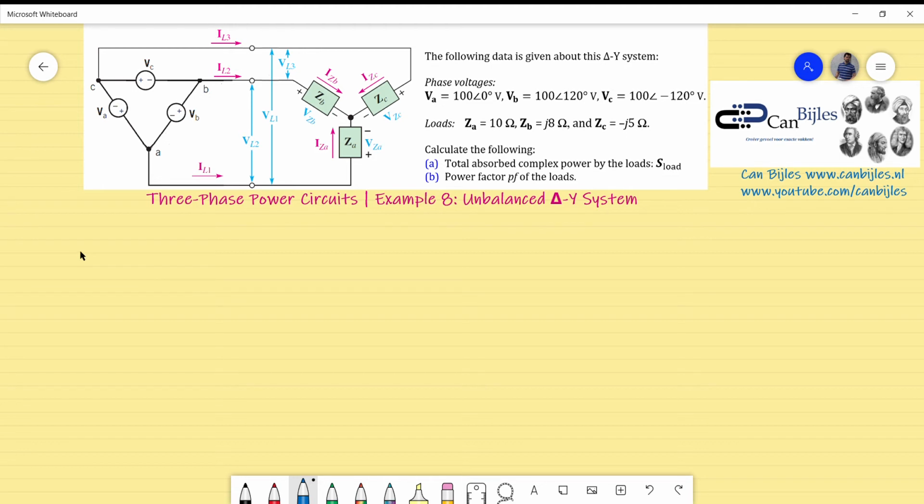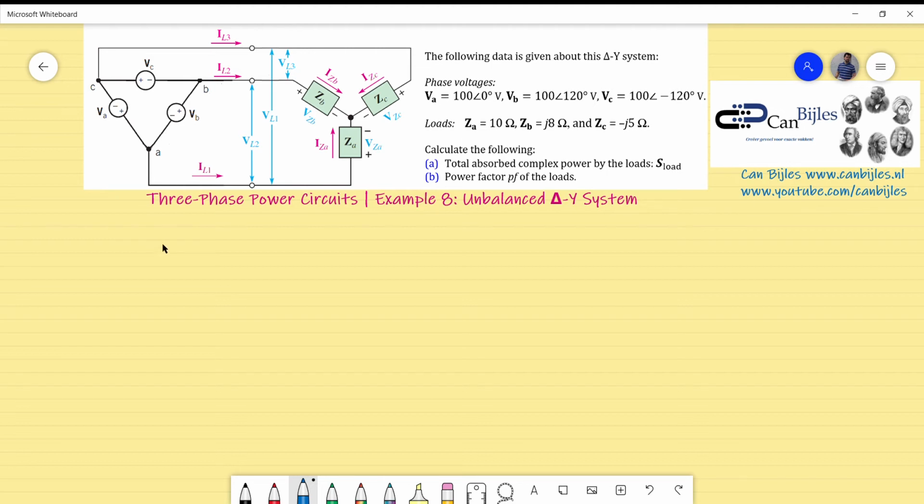First, let's consider the circuit itself. Because it is an unbalanced load, we cannot use some of the familiar formulas we have for the balanced system, which we considered in examples number 1 to number 4. So we have to be very careful and apply direct analysis, the mesh current analysis or the nodal voltage analysis. Depending on the situation, I will use the mesh analysis again in this example.